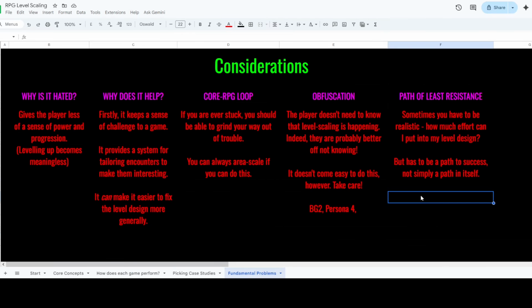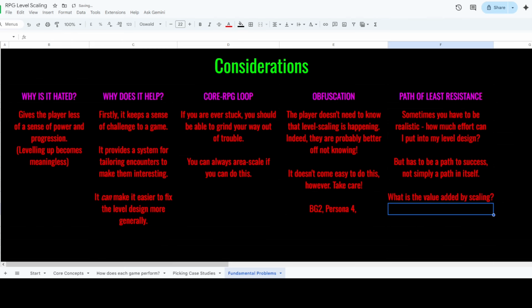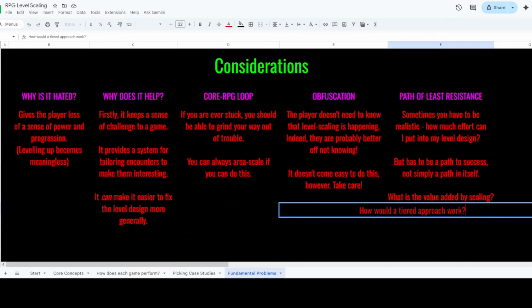But I guess if you can think about what is the value added by scaling, how would a tiered approach work?